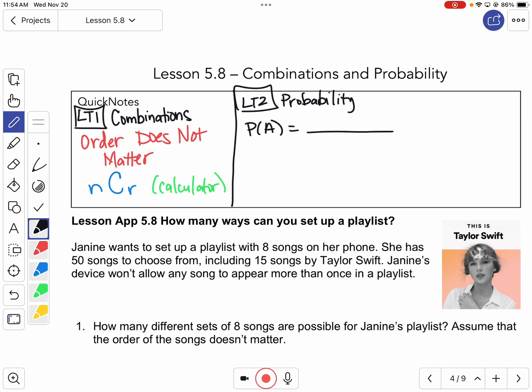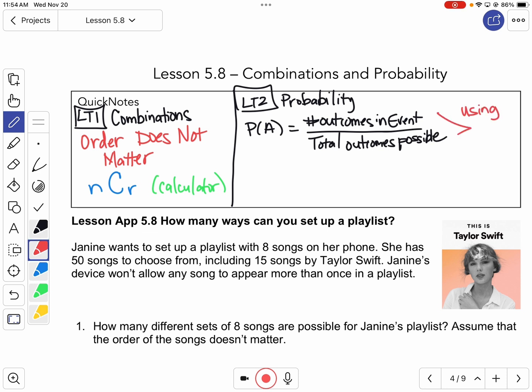On the top, it will be the number of outcomes in our event, so whatever we want to happen, over the total outcomes possible. So that doesn't change. But the cool thing is we're going to get both of those numbers using combinations.